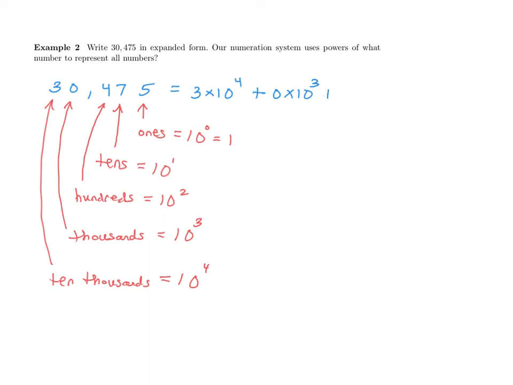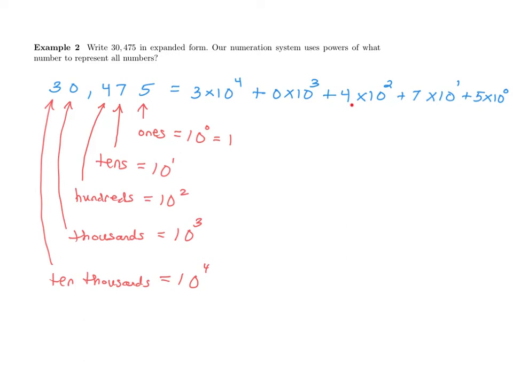I'll now add on the 4 times 10 to the power of 2. So here in the hundreds place, we have 4, which we're really saying 400, which is 4 times 10 squared. For this 7, we will add on 7 times 10 to the first. And then for the last spot, it is going to be 5 times 10 to the power of 0.